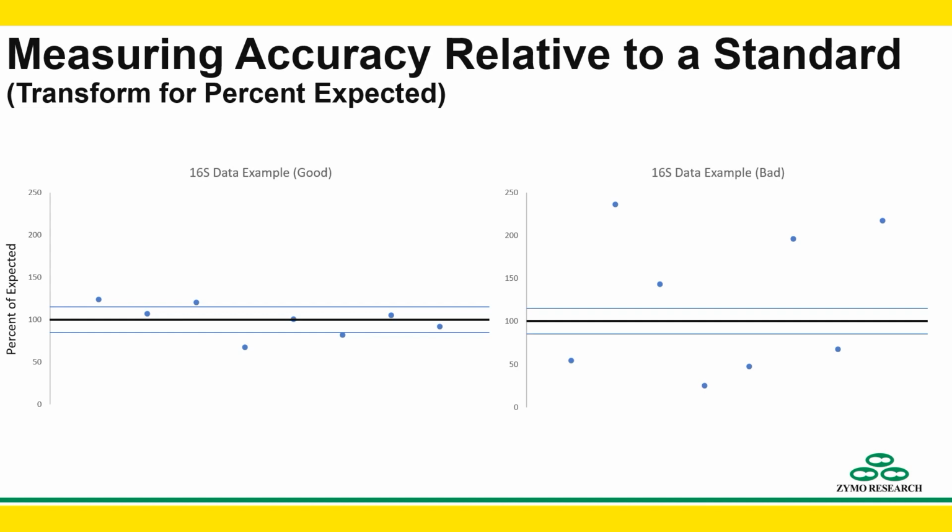You'll also notice that there's two thinner blue lines, and that accounts for plus minus 15% manufacturing tolerance. And we know that this manufacturing tolerance has to be accounted for because pipetting and measuring microbes, again, is an imperfect process. So anything that is within those two blue lines is as accurate as can possibly be given the inherent inaccuracies of the production of the standard.